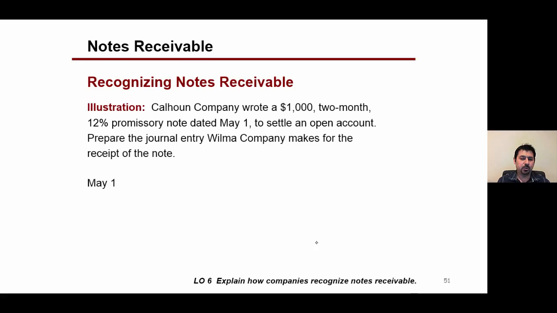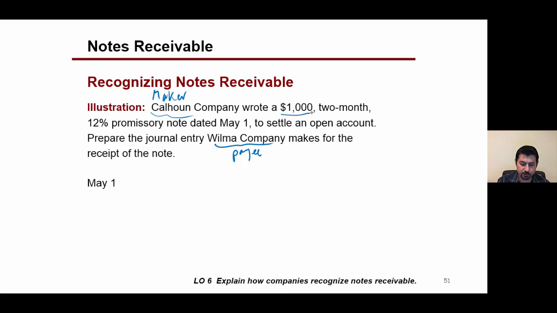Calhoun Company wrote a $1,000, 2-month, 12% promissory note dated May 1st to settle an open account. Prepare the journal entry Wilmar Company makes for the receipt of the note. So this is the maker, because they issued the promise, and this is the payee.